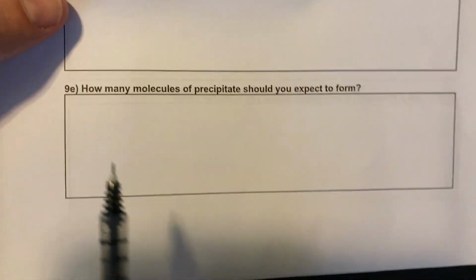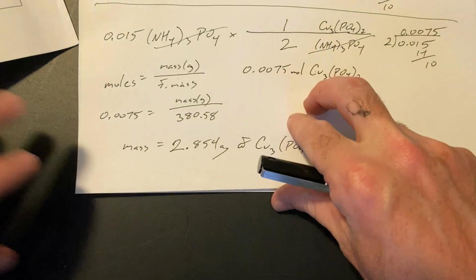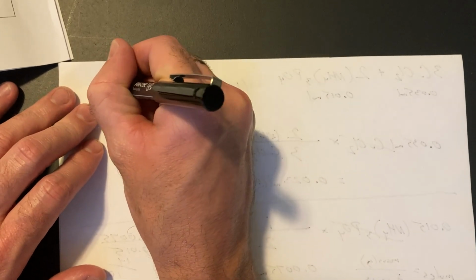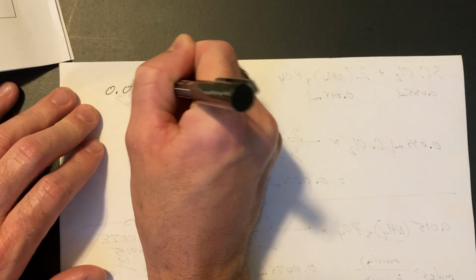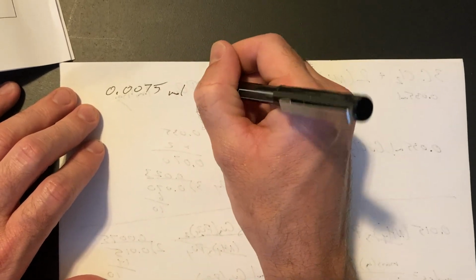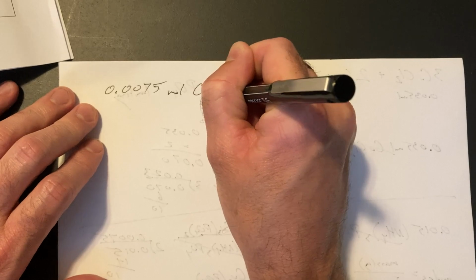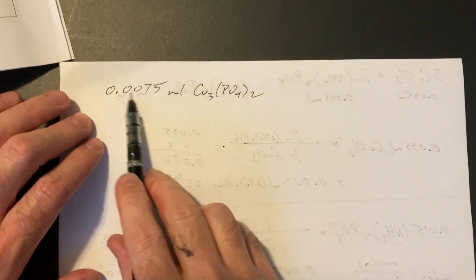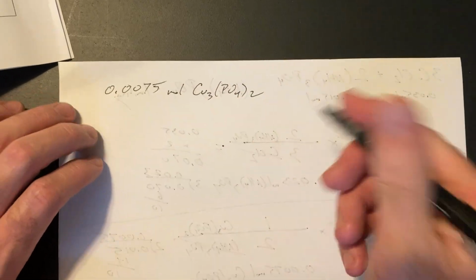Last part, though. How many molecules of precipitate should you expect to form? Well, we can convert our moles into molecules of precipitate too. Just as a reminder, the number of moles of precipitate we calculated, which I awkwardly did on the spur of the moment with long division, was 0.0075 moles of Cu3(PO4)2. You can convert moles into number of molecules also.